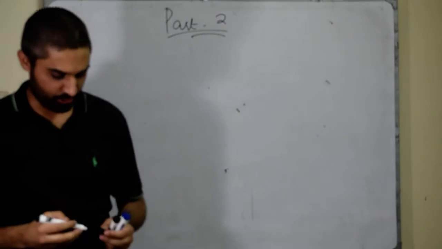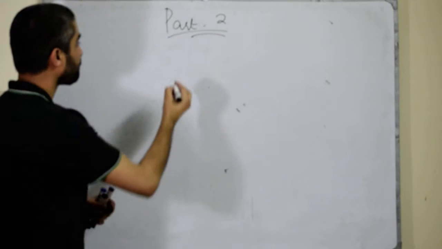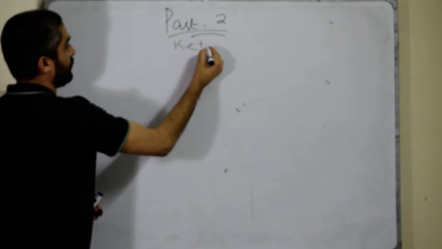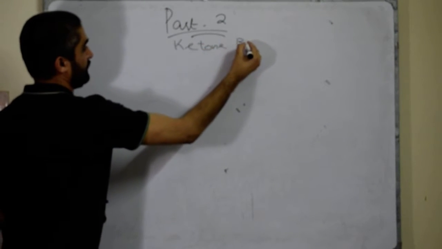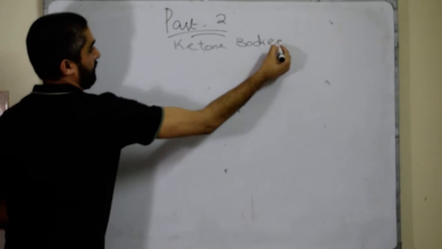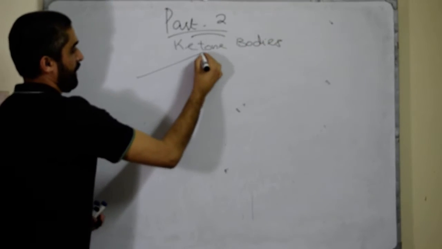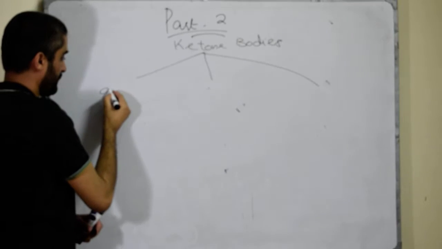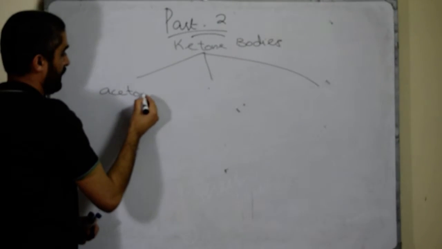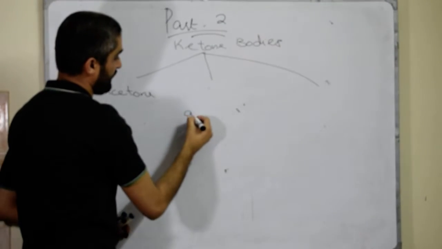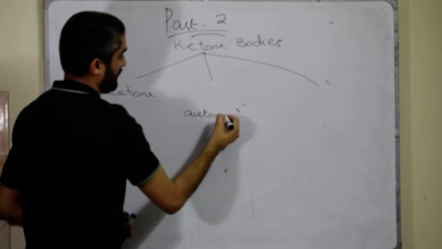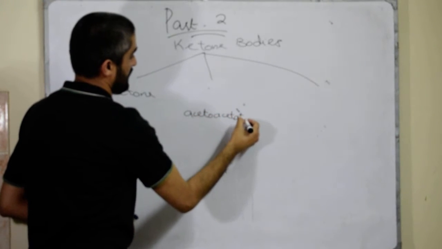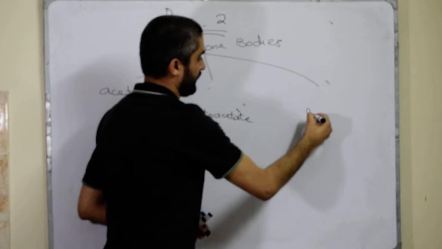Yesterday we discussed that ketone bodies are of 3 types: acetone, acetoacetate, and beta hydroxybutyrate.